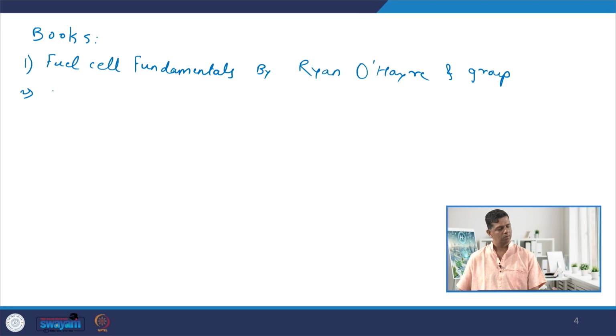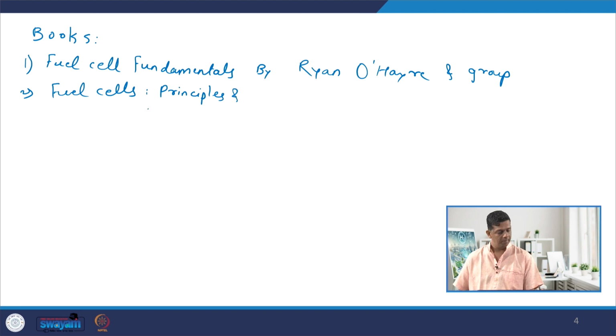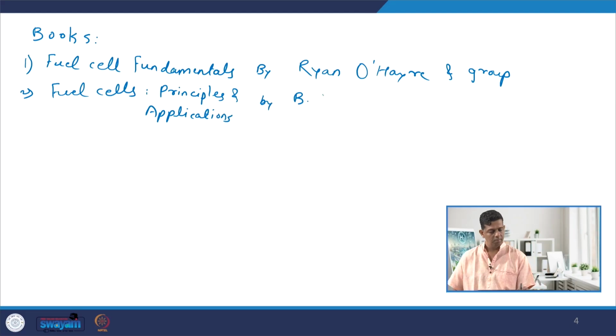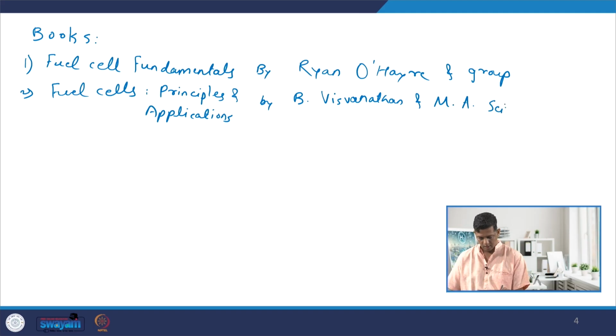Second, we can also read and refer Fuel Cells: Principles and Applications by B. Viswanathan and M.A. Scibioh.